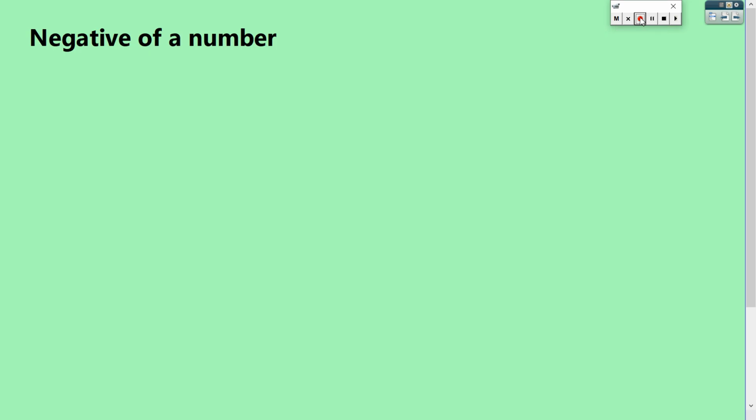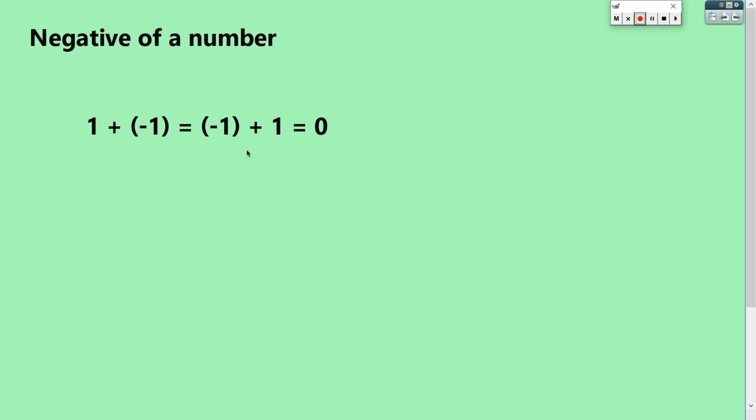Negative of a number. Now what is the negative of 1? Yes, it is negative 1. Why is it so? If you add 1 to negative 1 or negative 1 plus 1, you are getting the answer 0. So we can say negative 1 is the negative of 1.